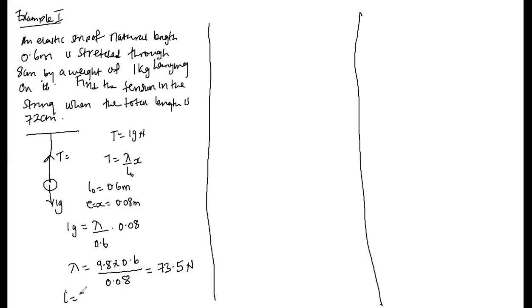So the new length is 75 centimeters. The original length was 60 centimeters. So in this case, the new extension shall be 75 minus 60, giving us 15 centimeters. Sorry, they said it was 72, not 75.